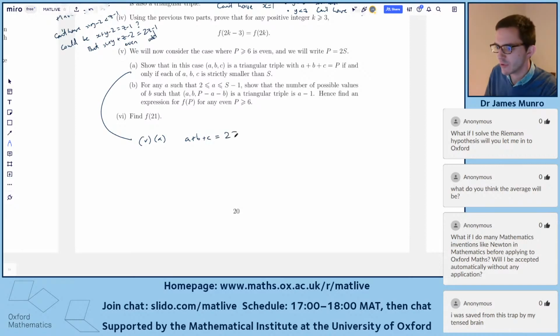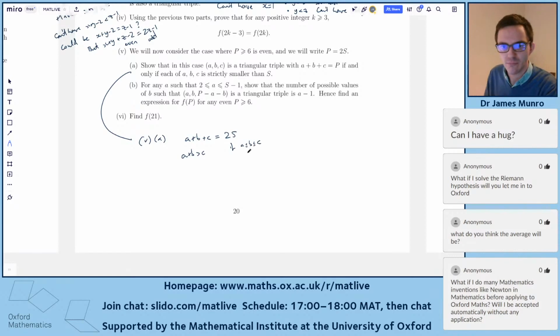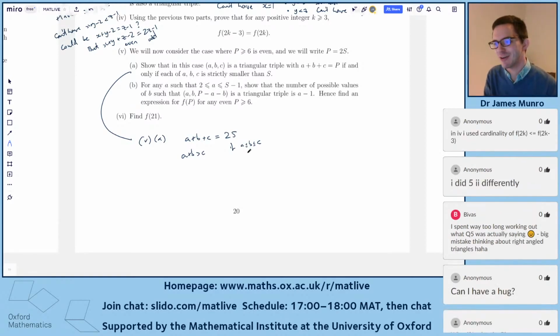I'm going to write it in terms of s because the target thing I'm going for is in terms of s. And I know that a plus b is bigger than c if a is less than b is less than c. Cool. If not, then rotate it around and try a different arrangement of the triangle.